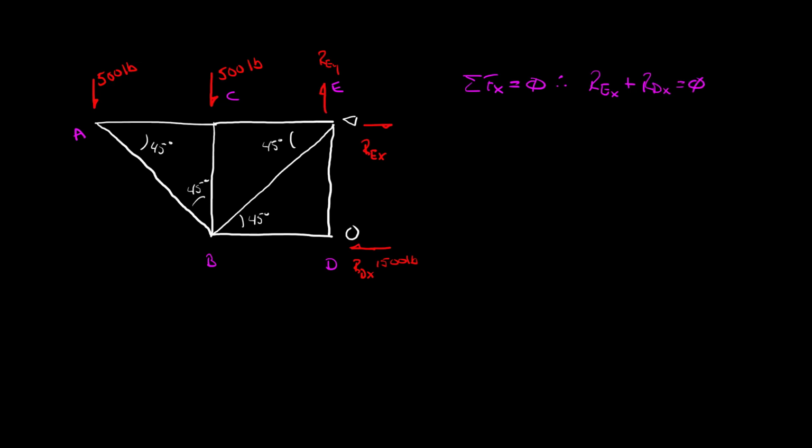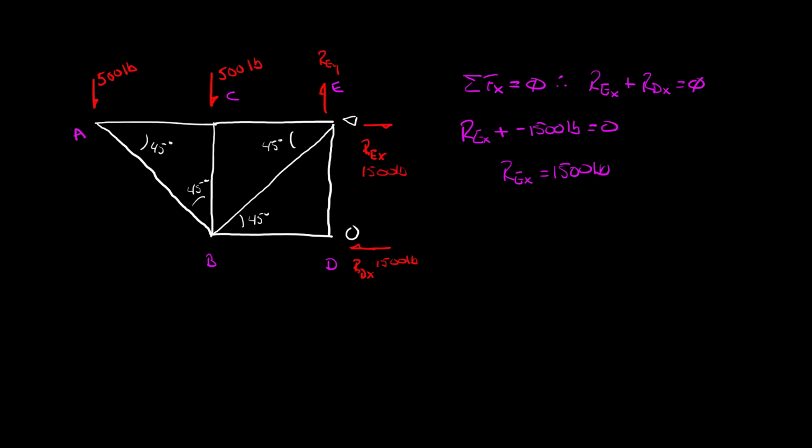So let's put these in with the proper notation. I can say R, E, x, which is positive the way I've drawn it, plus a negative 1,500 pounds, because it's going to the left, has to equal 0, or REX has to equal a positive 1,500 pounds. So that's pretty easy. So let's go ahead and write that in here, and we'll keep these forces in here. So that's 1,500 pounds.